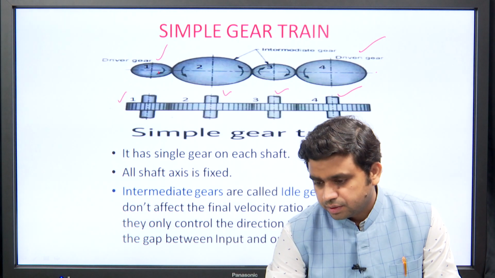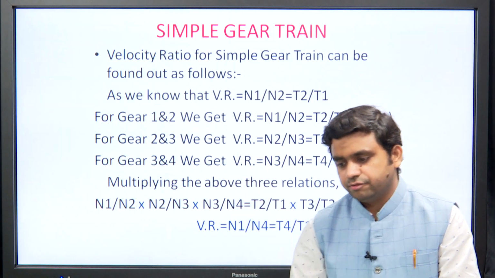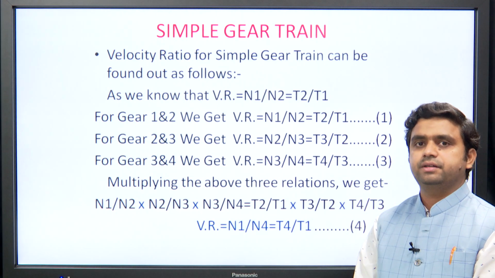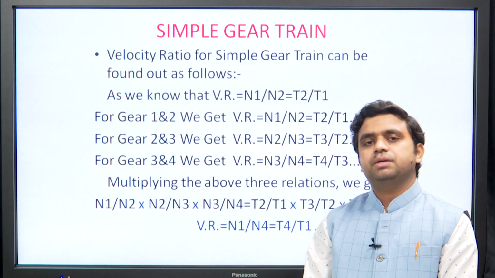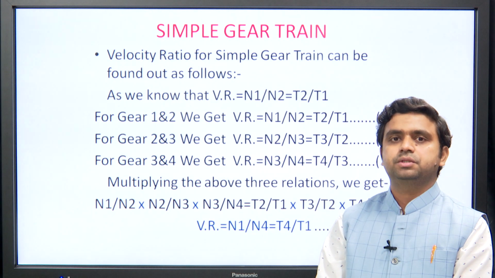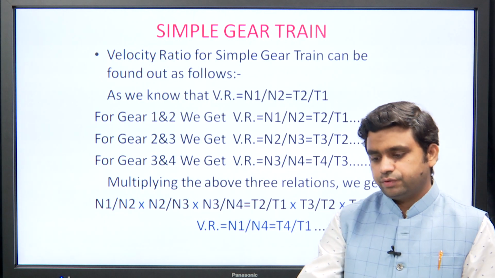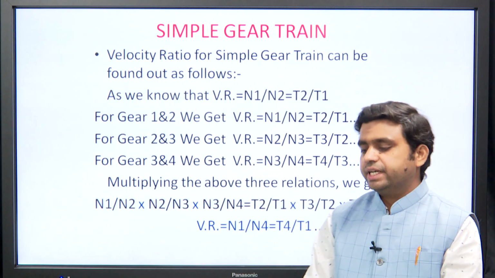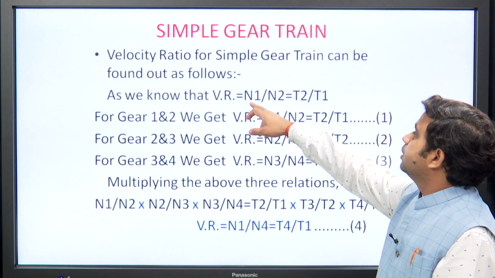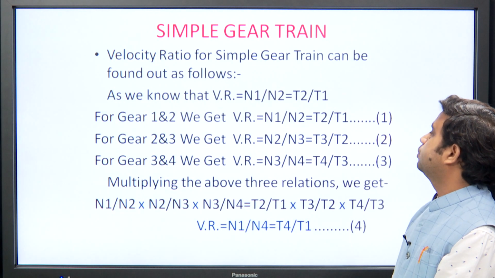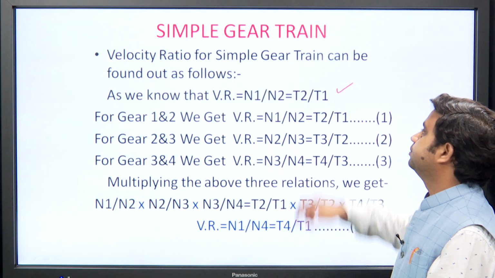Now, let us find the velocity ratio of simple gear train. The velocity ratio of simple gear train can be found out very easily as follows. As we know that velocity ratio is equal to n1 by n2 is equal to t2 by t1.